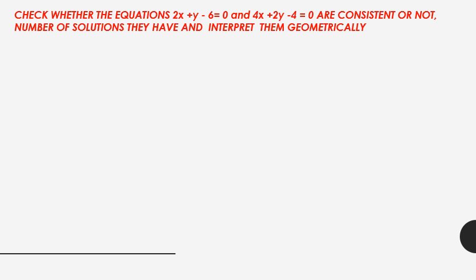Now let us work out another problem. Check whether the equations 2x plus y minus 6 is equal to 0 and 4x plus 2y minus 4 is equal to 0 are consistent or not, number of solutions they have, and interpret them geometrically.